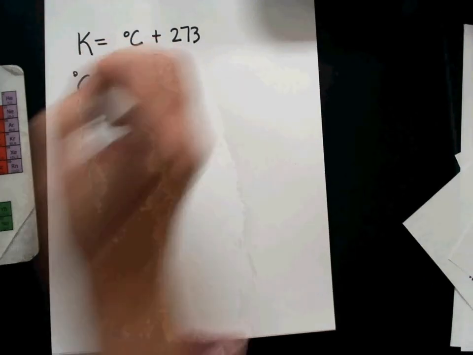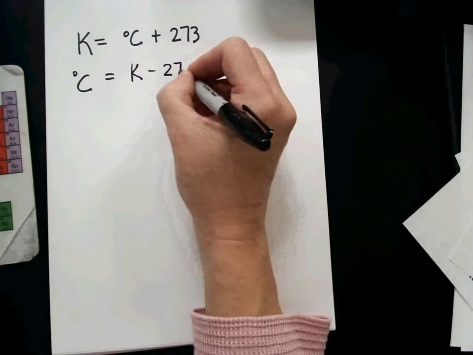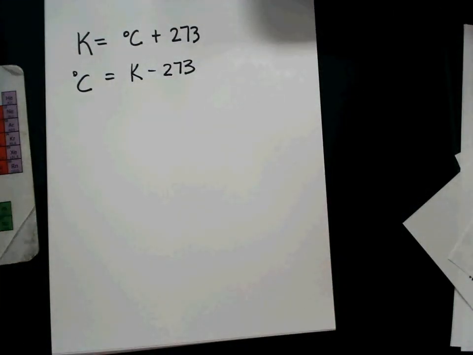If you want to find a Celsius temperature and you have a Kelvin temperature, then it's K minus 273. Pretty easy stuff, but you need to commit it to memory. I'm not going to give that to you on the quiz, you just need to know it.